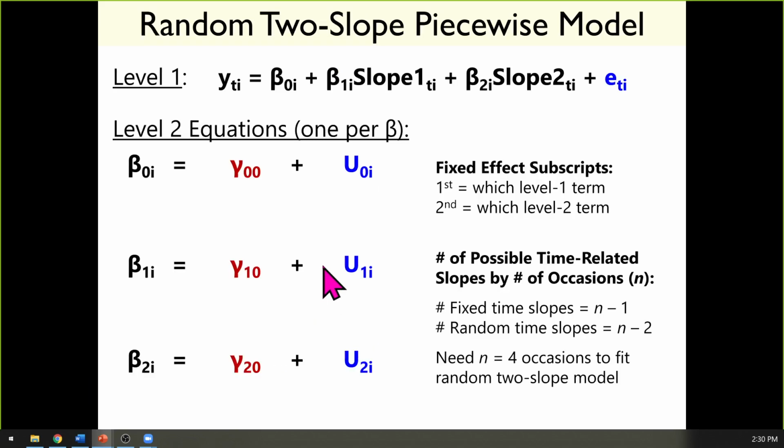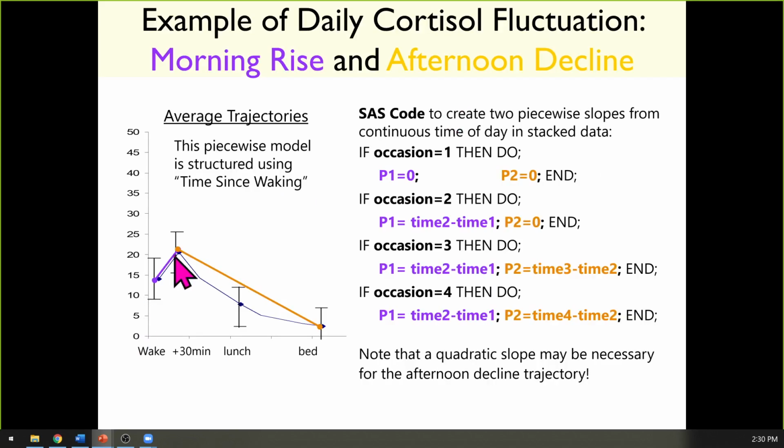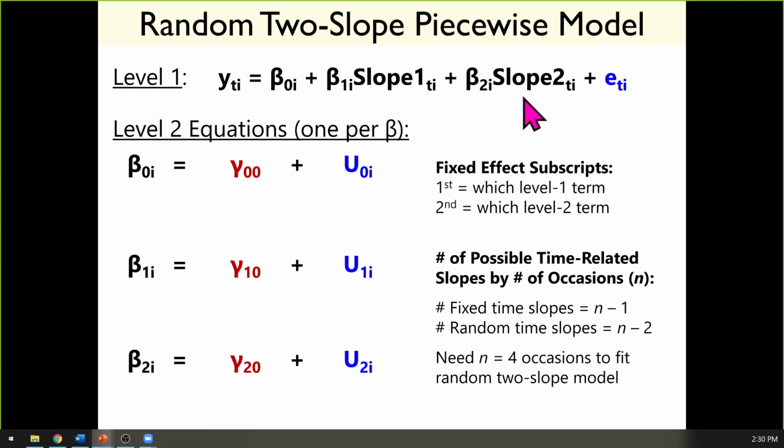All right, so what it would look like then to fit a model with 2 slopes would look a lot like the previous quadratic model, just with a change in the variables. So if I had a model like this where I was interested in looking at individual differences in the intercept, in the morning change, and in the afternoon change, it would look a little something like this, where I have an individual intercept, a morning slope, and an afternoon slope.